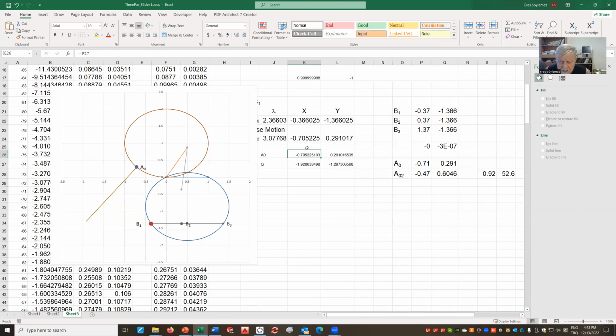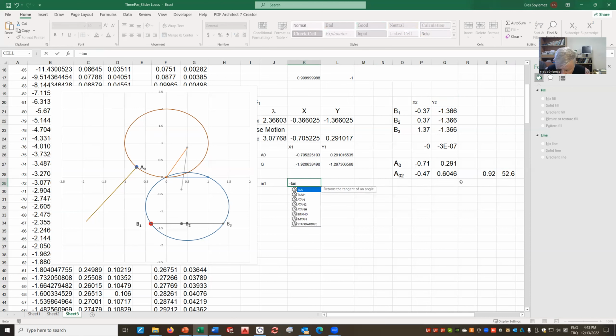A0 is x1, y1. Let me write it over here. B1 is, I'll take it as x2, y2. M1 is tangent of this angle.